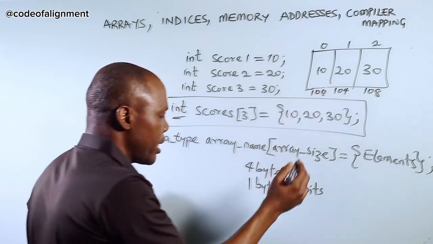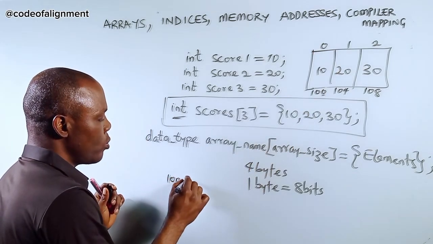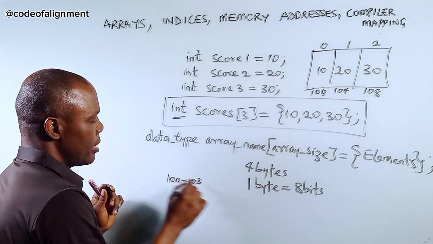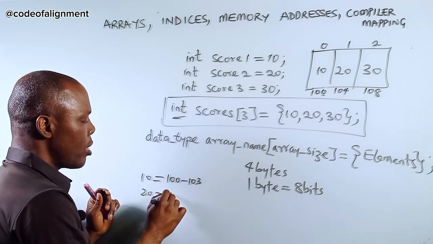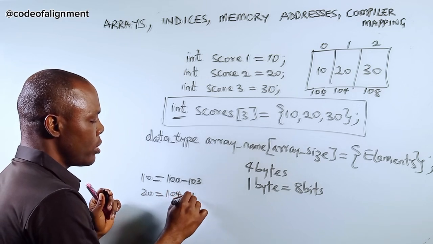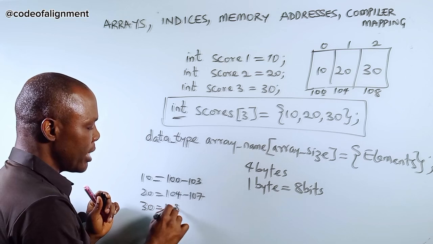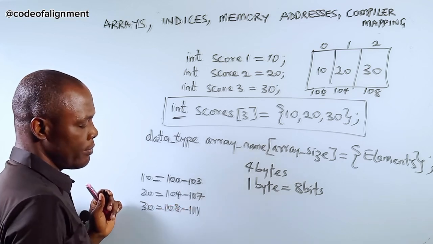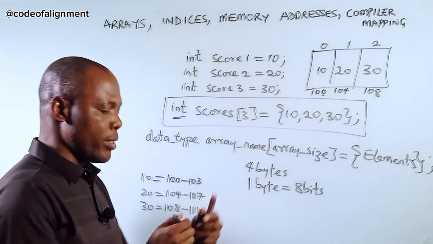So this 10 is occupying 100 to 103. Then the 20 is occupying 104 to 107. And then the 30 is occupying 108 to 111. These are all 4 bytes. That is what this is telling you.